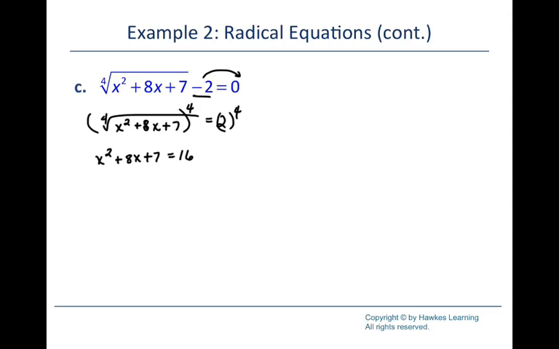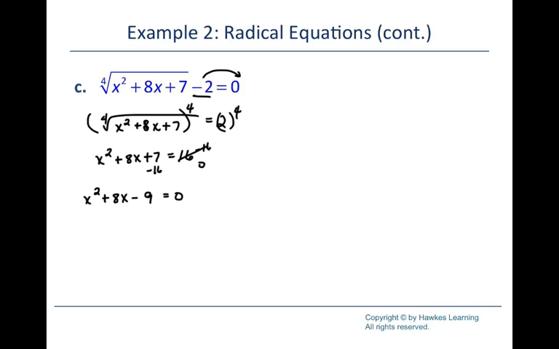Now we're going to bring everything over and set that equal to 0. So we're going to subtract 16. So this side's equal to 0. So we have x squared plus 8x minus 9 and that equals 0.